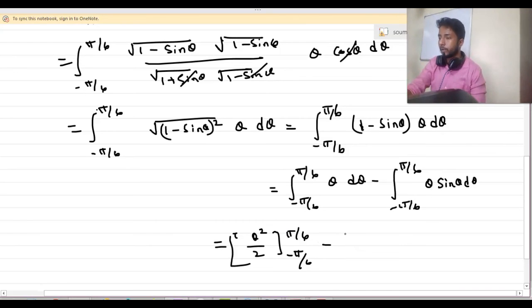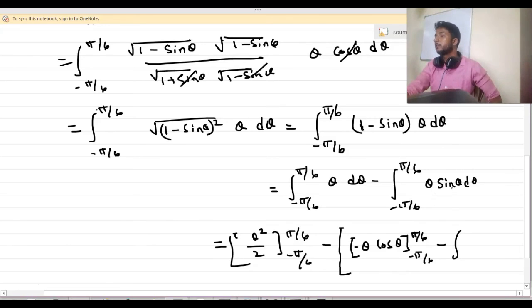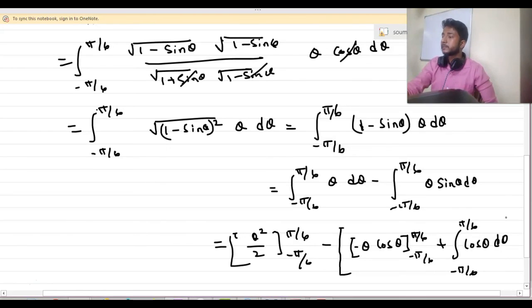Okay, so I am using by parts. I'll get theta, the integration of sine theta is minus cos theta, so this is minus theta cos theta from minus pi by 6 to pi by 6, and minus integration of the derivative of theta, which is 1, times the integration of sine theta, which is minus cos theta, so this is cos theta d theta from minus pi by 6 to pi by 6.